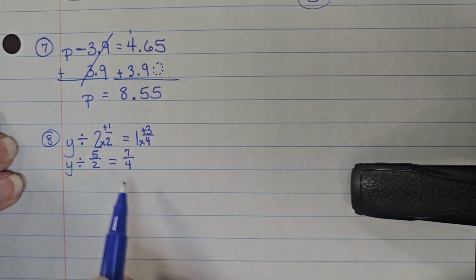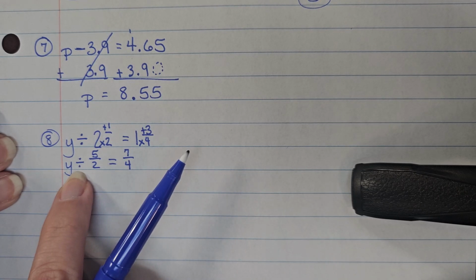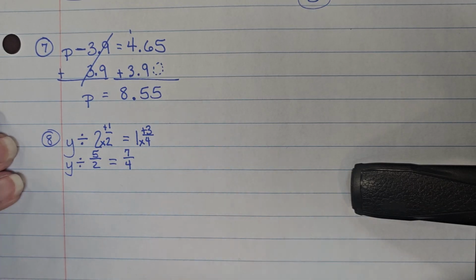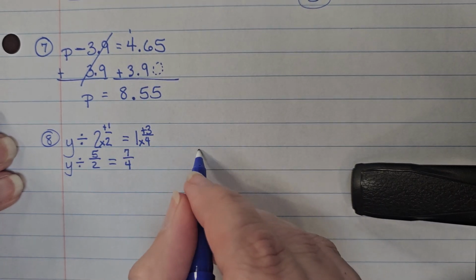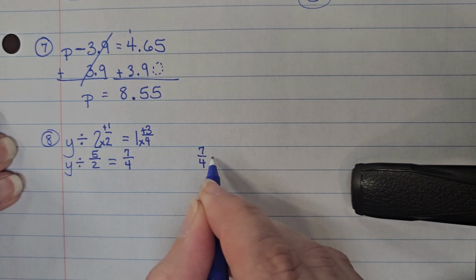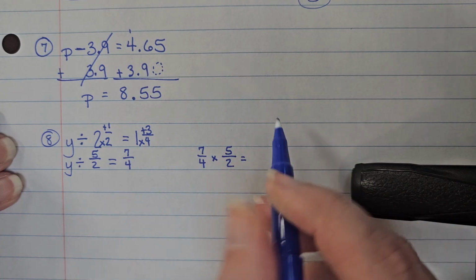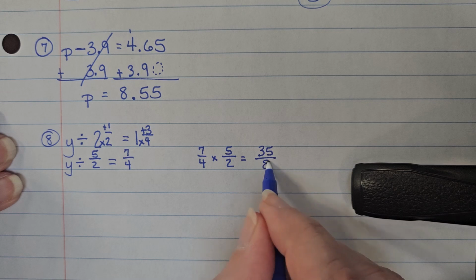Okay, so this time I'm going to be doing the inverse of divide, which is multiply. So I don't need to flip any fractions. I don't need to do the reciprocal of anything. I'm just going to multiply these straight across. 7/4 times 5/2. 7 times 5 is 35, and 4 times 2 is 8.